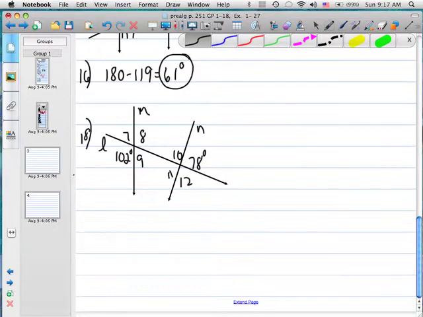So finding all the angles, angle 7. Since these two angles make a straight line, we can take 180 minus 102, so that would be 78 degrees. This is 78.